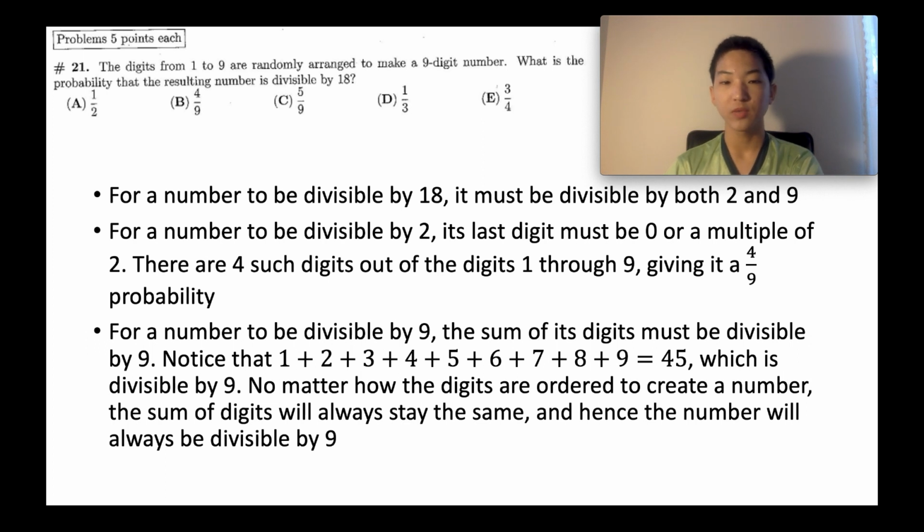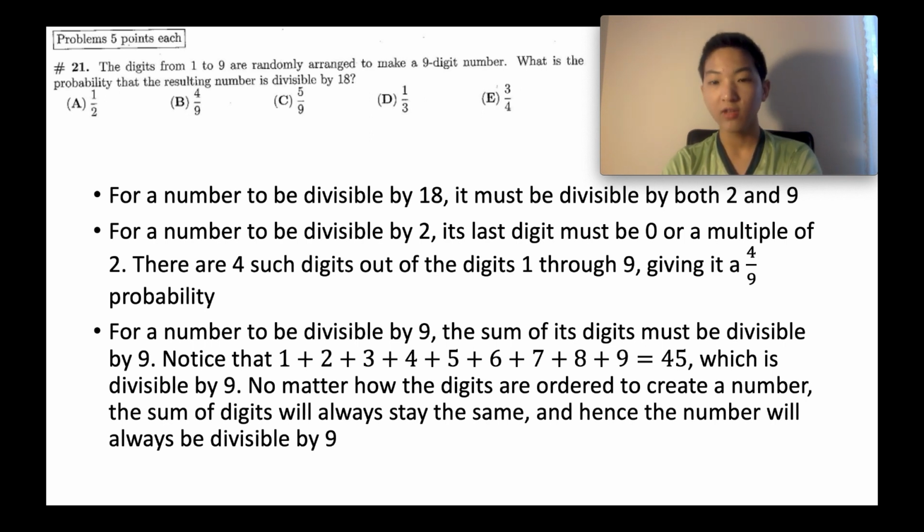For a number to be divisible by 9, the sum of its digits must be divisible by 9. So what the problem says is that all of the numbers will be created using the digits 1 through 9, so that the sum of those digits, 1 plus 2 plus 3 all the way up to 9, is 45. And 45 is divisible by 9.